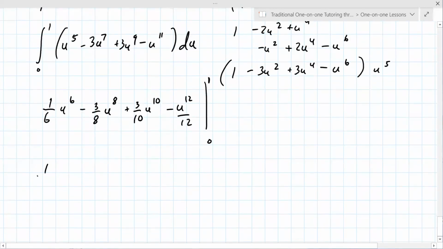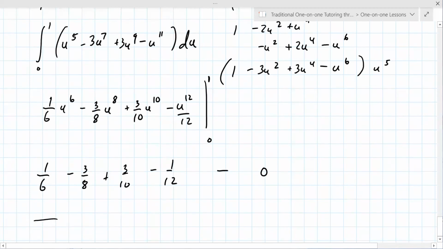Okay, so that's 1/6 minus 3/8 plus 3/10 minus 1/12. When you put in the top bound, the lower bound is 0. 60's a common denominator? No, 6 doesn't work with 8. Maybe it's 120. We don't have to simplify, we can just leave it. Great.